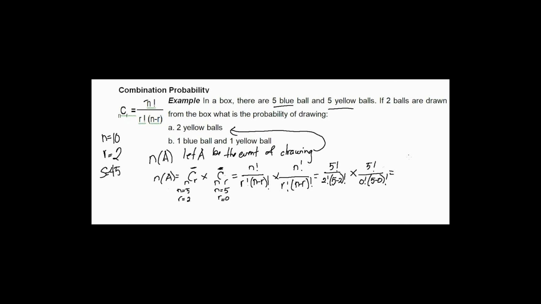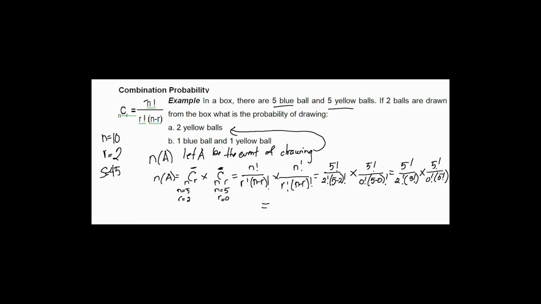We can simplify this to 5 factorial divided by 2 factorial times 3 factorial, times 5 factorial divided by 0 factorial times 5 factorial.